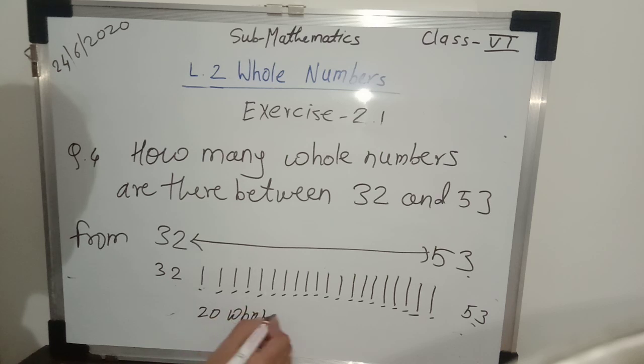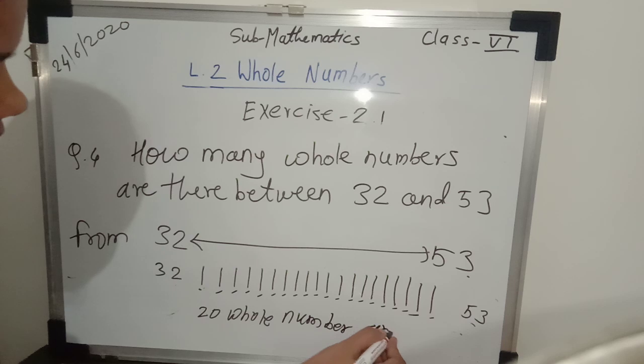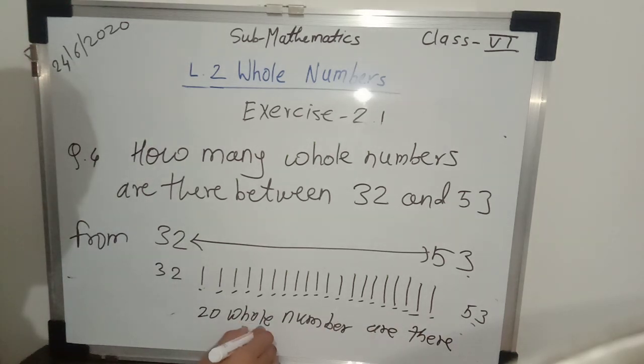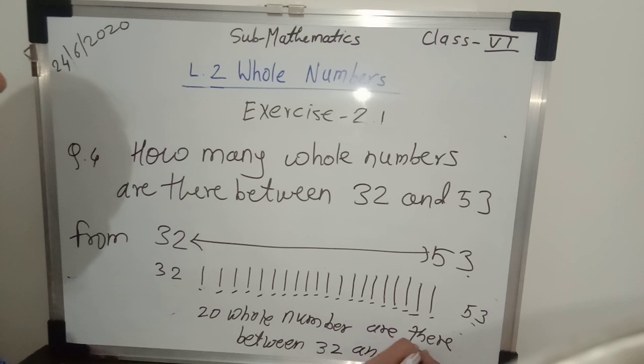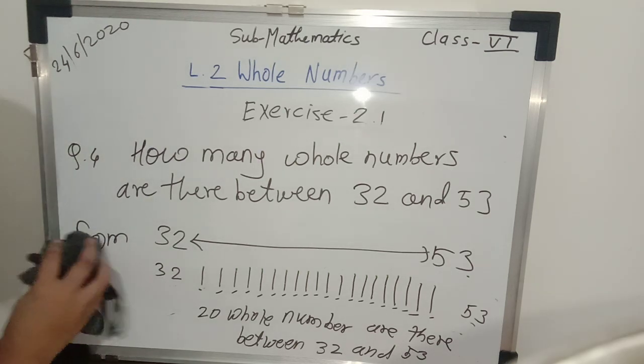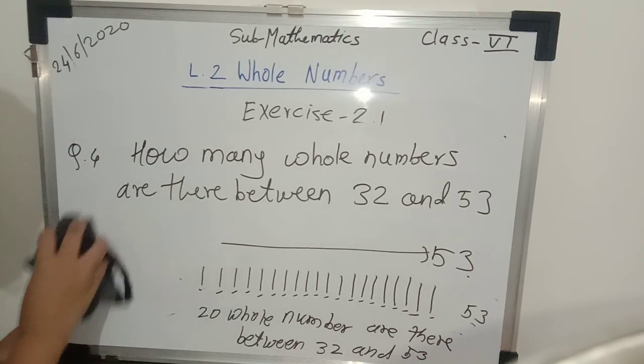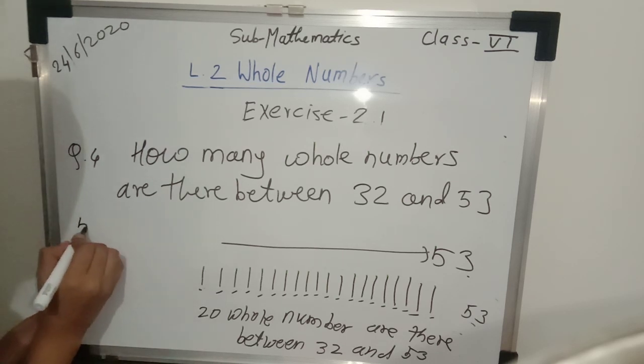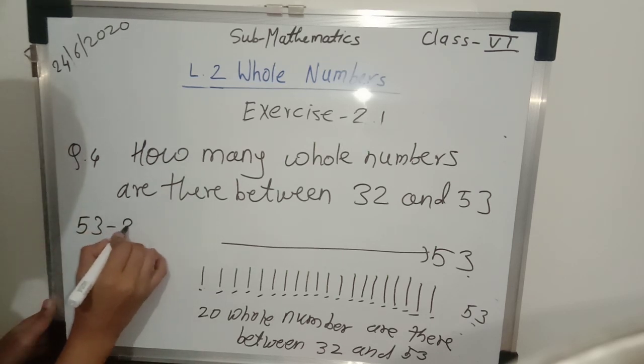whole numbers between 32 and 53. And one more thing: you can simply do 53 minus 32.